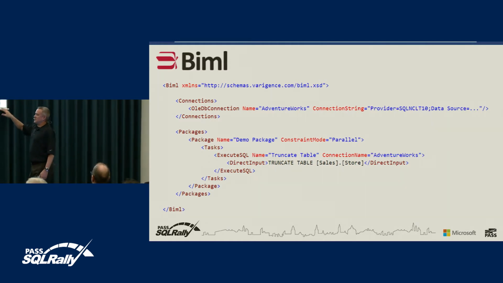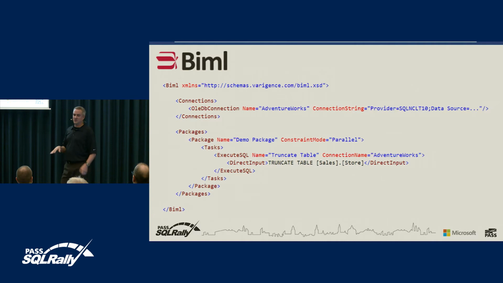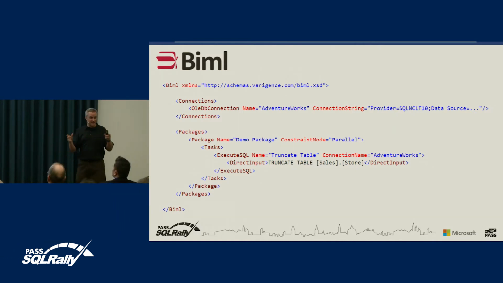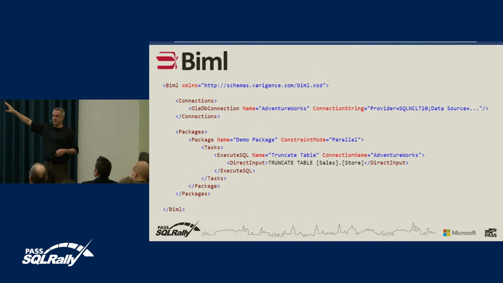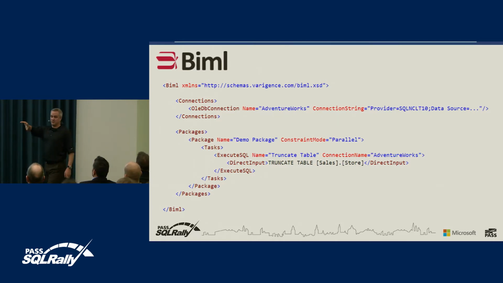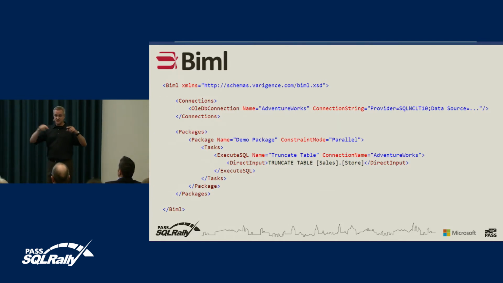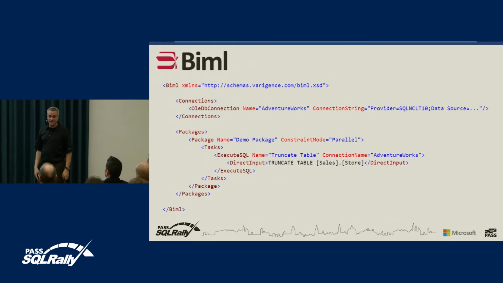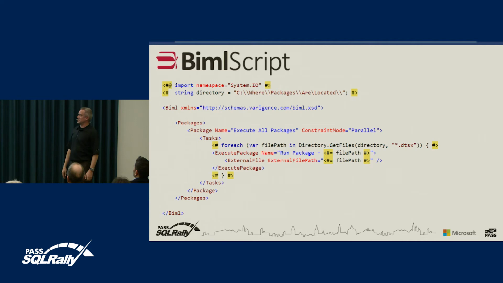I kind of equate Biml to HTML, and back in the days when we built HTML that were static pages, this is what Biml would look like. And then we got things like ColdFusion or classic ASP, and we were able to inject strings within the HTML that made it more dynamic because it ran and then rendered that page back to us that was made dynamically. And that's where I think Biml Script comes in.